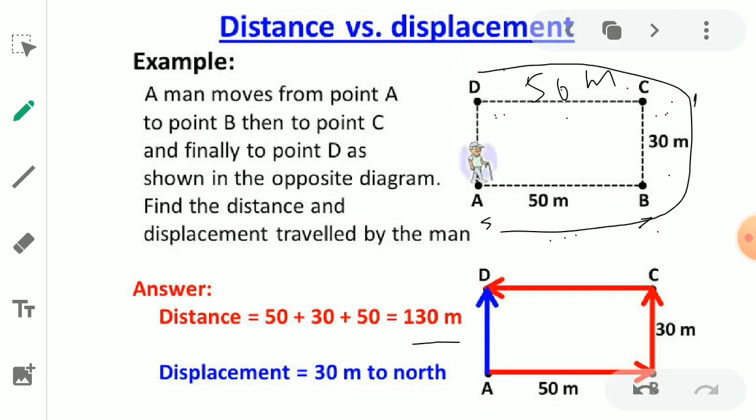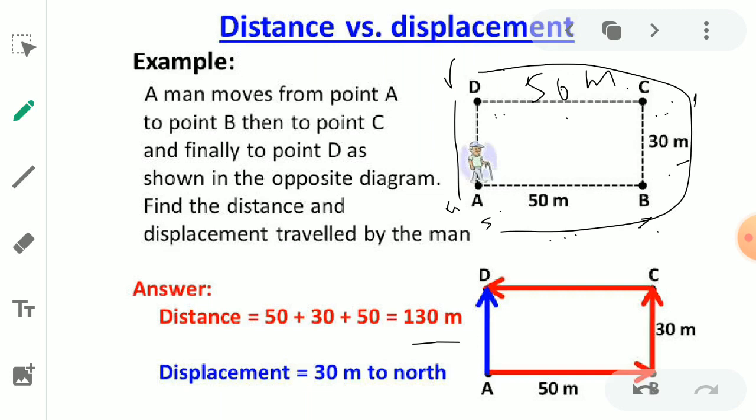But when we talk about the displacement, we know that it is the straight line, or the shortest distance, from the initial position to the final position. This is the initial position A, and D is the final position. The shortest distance is from this to this. So what is the shortest distance?